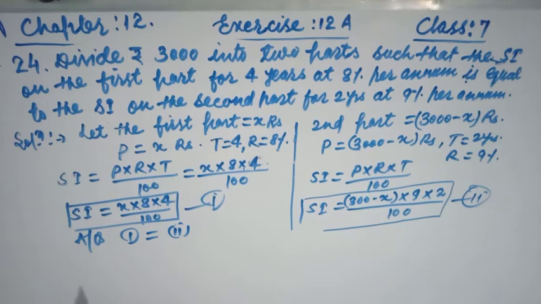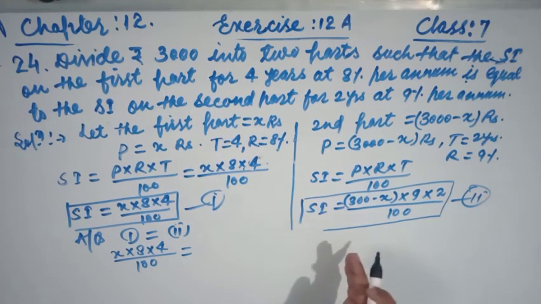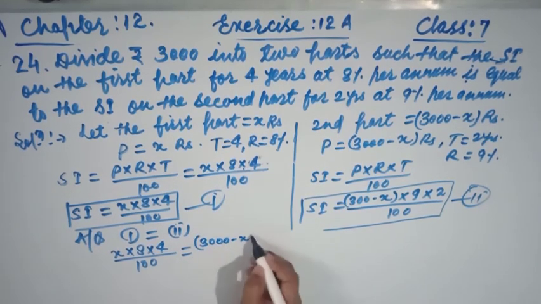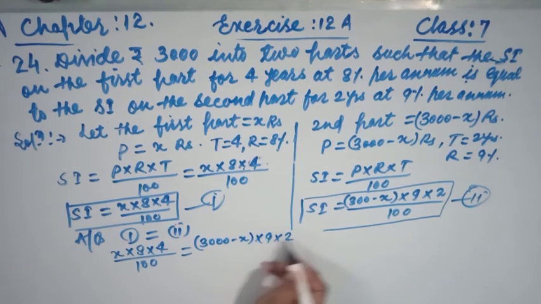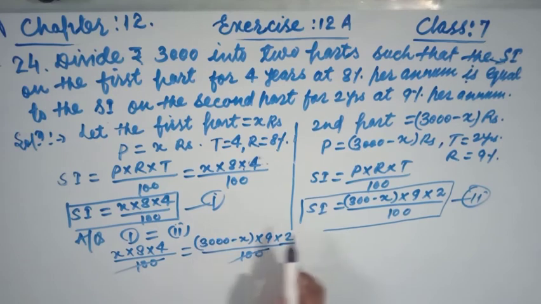The first is x multiplied by 8 multiplied by 4 divided by 100, and it is equal to the second, which is (3000 minus x) multiplied by 9 multiplied by 2 divided by 100. The whole value is divided by 100 on both sides, so the 100 will get cancelled.